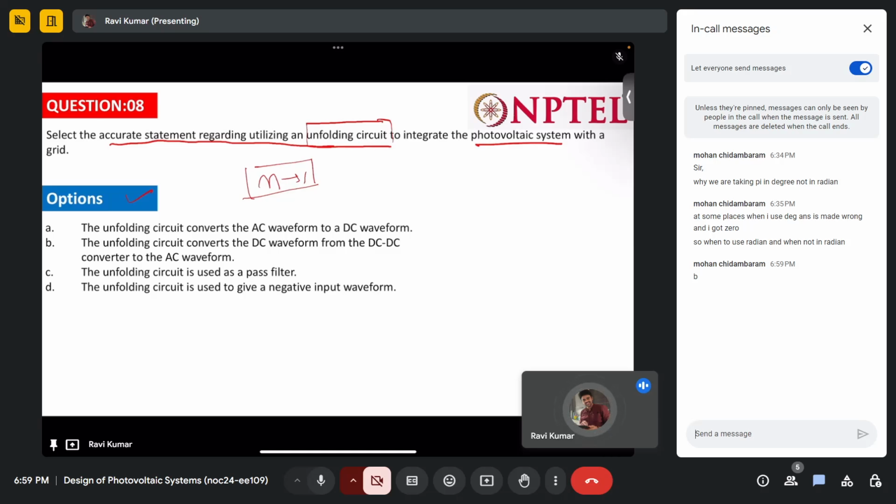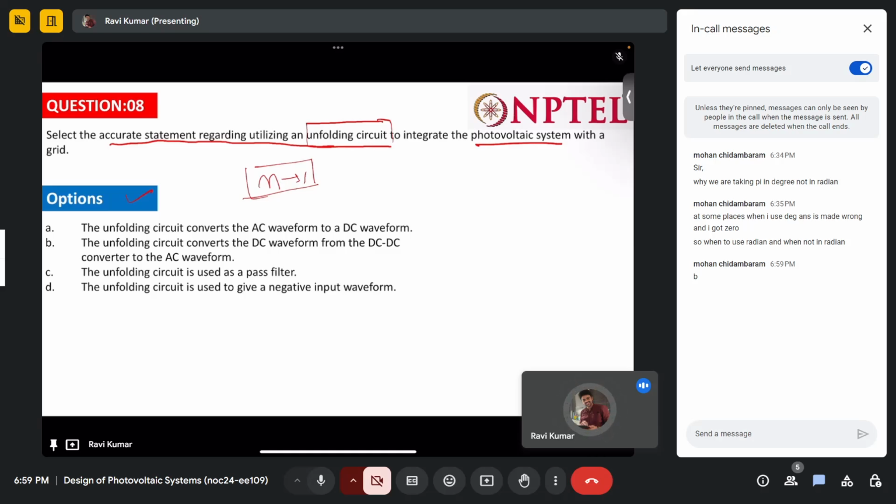Mohan said B: the unfolding circuit converts the DC waveform from the DC-DC converter to the AC waveform. Okay, and that is correct.